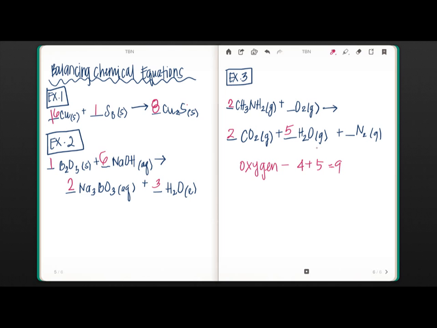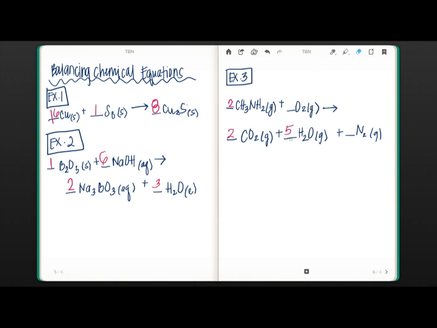But then that won't work because you don't have a whole number in order for this to equal 9. You would have to put a fraction in front of it, and we don't want that. So let's erase all of this. That means that we have to start all over. The ratio between each of the compounds is different.